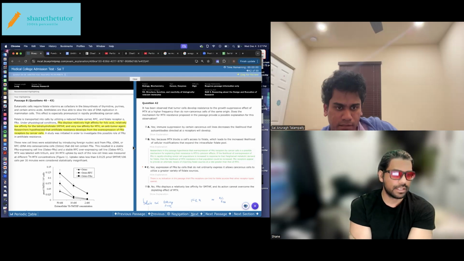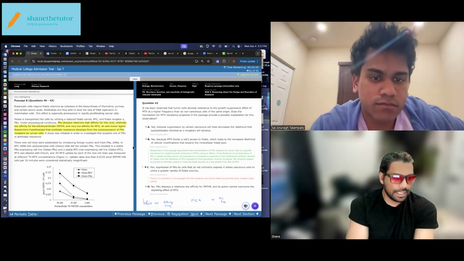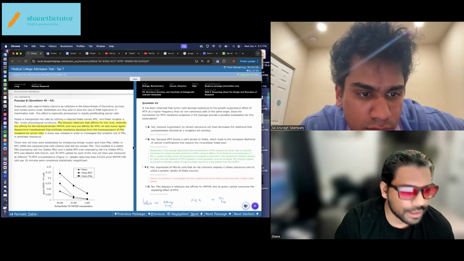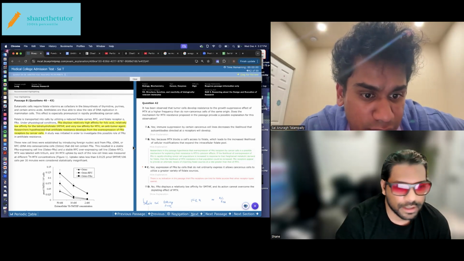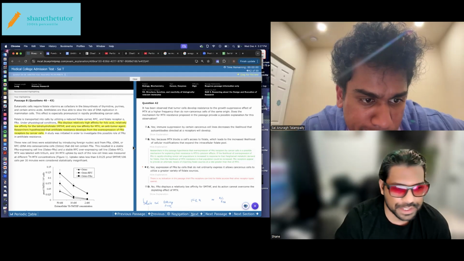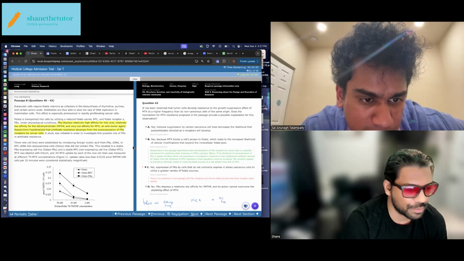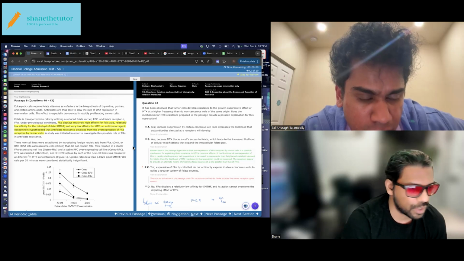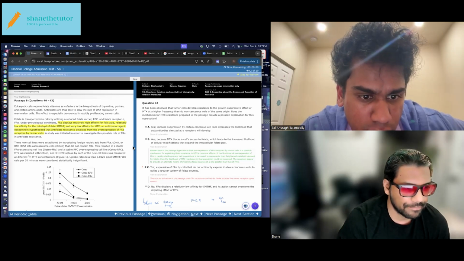Got it. Okay. So let's see. Yeah, this was really complicated. So osteo FR alpha is just regular expression of it, RFC will overexpress it.